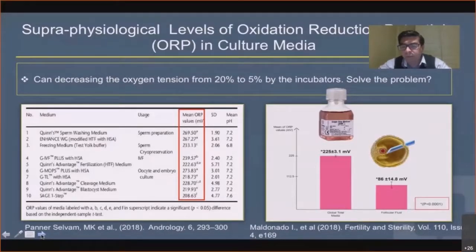Fortunately, these ORP levels present in the culture media can be accurately adjusted by the addition of antioxidants.